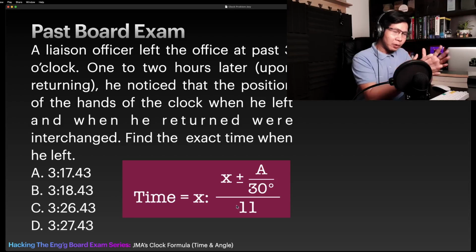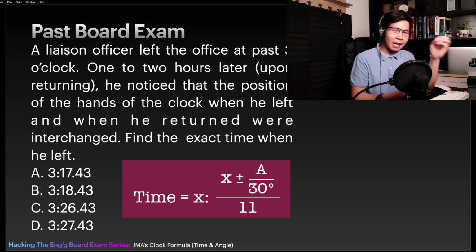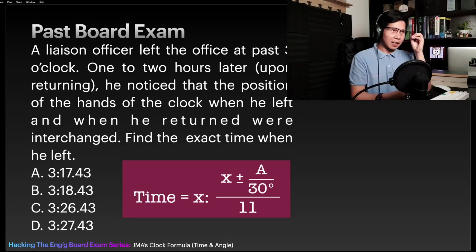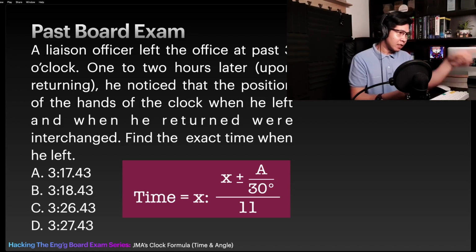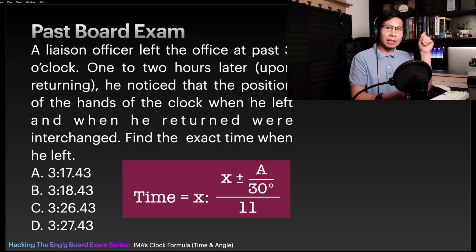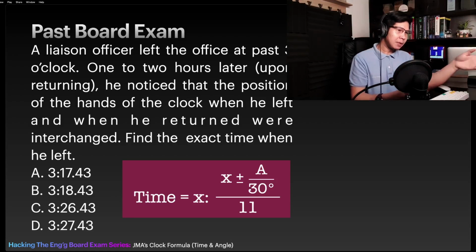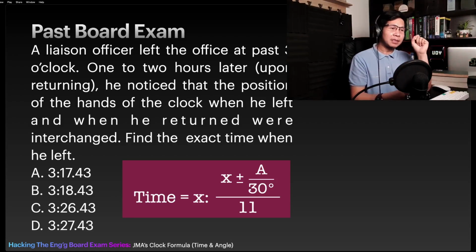But since there are choices, since one of the correct answers is in the choices, we could exploit the question, we could hack the board exam by using one of the choices and plugging it into the formula I made. Because you can't use the other formulas here, definitely. And my formula will still be applicable, but you need one of the choices to check which is the correct answer.